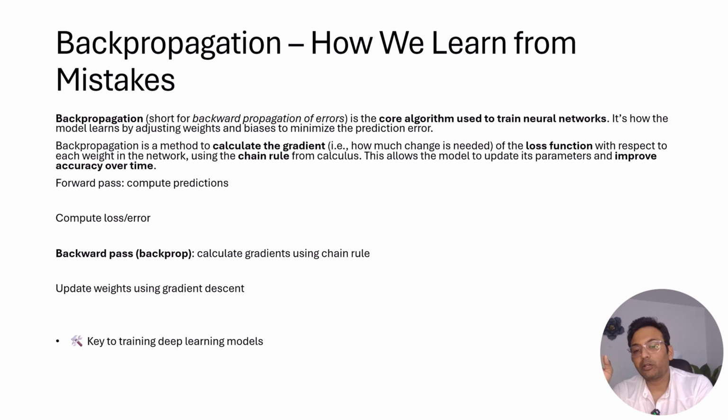First, we do the forward pass, where we have input and some random values and we find our output. Second, we compute the loss, which is the difference between what was expected and the predicted value. Third, we start the backward pass by calculating the gradients using the chain rule. We update weights using gradient descent, then go forward again, and repeat until we reach the expected point.